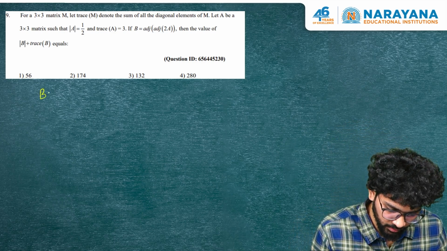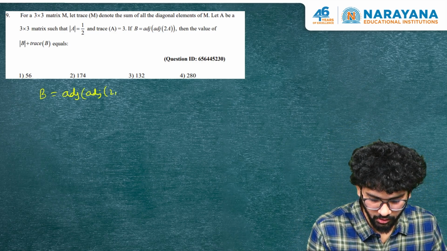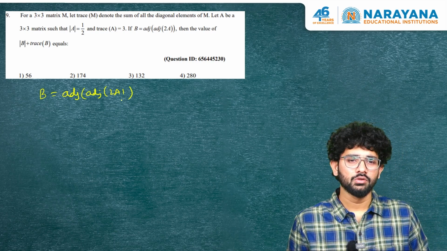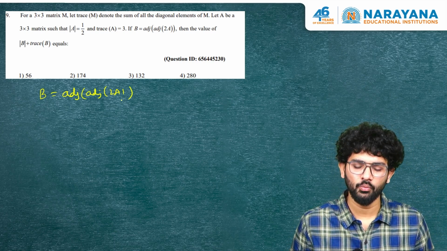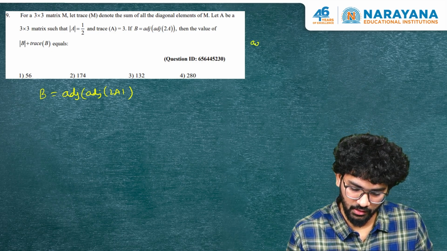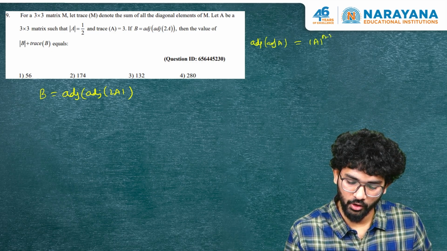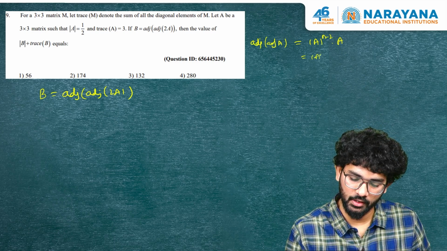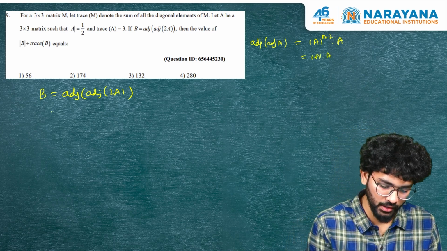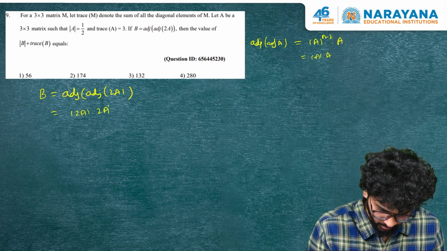So B is equal to adjoint of 2A. Generally, the formula for adjoint of A is: for a general matrix A, adjoint of A is equal to (det A) whole power n minus 2, into A. Here n is 3, so this will become det A into A. Here in the place of A we have 2A, so this will become determinant of 2A into 2A.